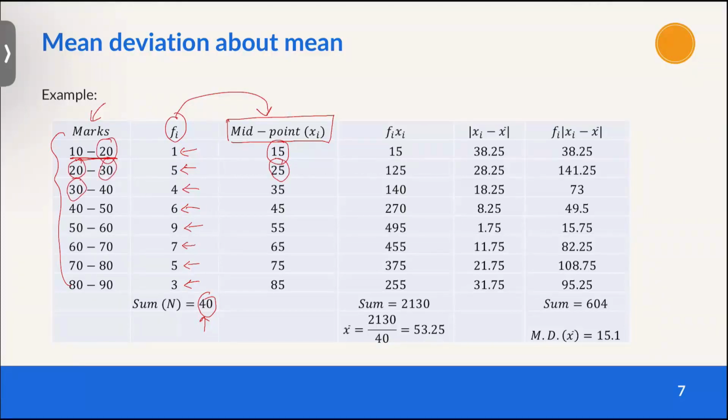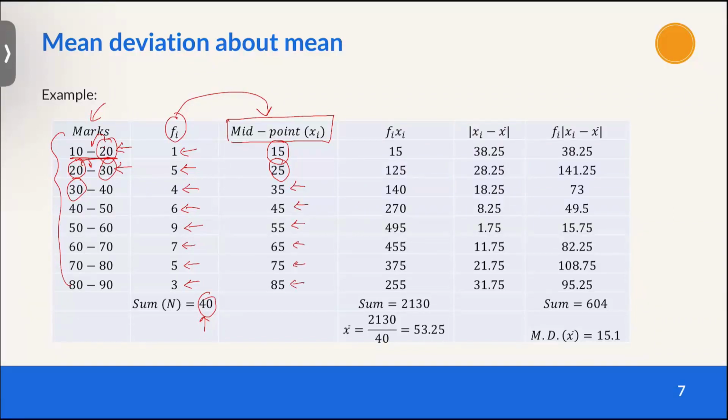So we have to specify whether 20 goes here or here. In this case, we are assuming that 10 is included here, but 20 is not. Here we are assuming that 20 is included, but 30 is not. We are just writing it differently. So we have taken the midpoint of each: 35, 45, 55, 65, 75, and 85.